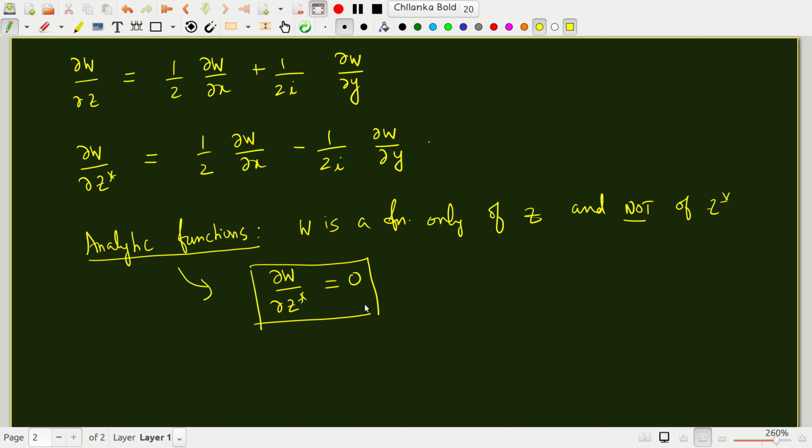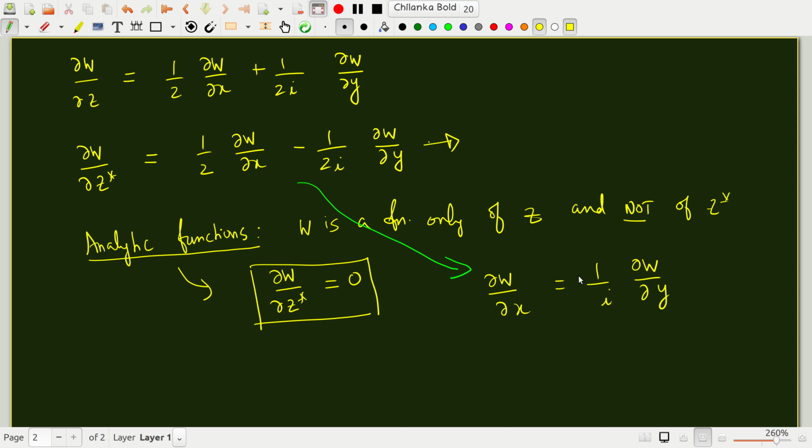Now if you do this, then you take this expression and set it to 0, you will get partial w partial x. Let me just show this. If you take this equation, then you will get partial w partial x is nothing but 1 by i partial w partial y.